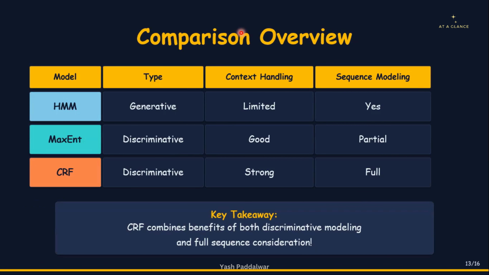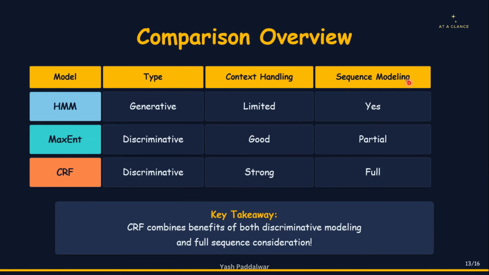Now, let's have a look at the comparison overview of all these three techniques that we have seen: HMM, Maxent, and CRF. So, according to the type of each, HMM is a generative model type, Maxent is a discriminative, and CRF is a discriminative. We already have seen this. When we talk about the context handling, HMM has a limited context handling, which we already have seen before. This is one of the limitations of HMM. When we talk about the Maxent, context handling is good, and in CRF, the context handling is stronger than all of these.